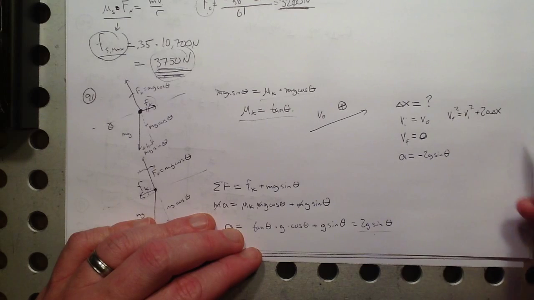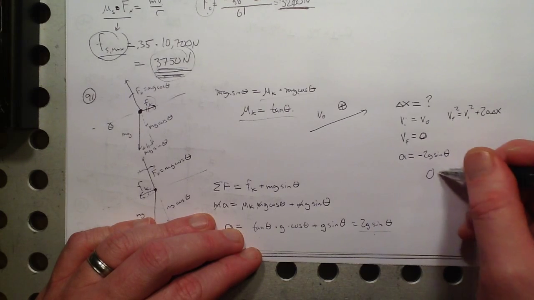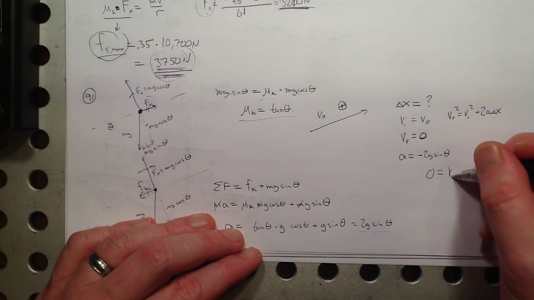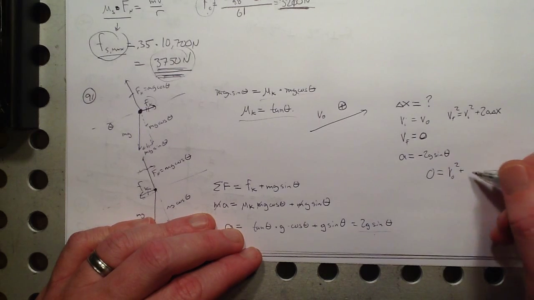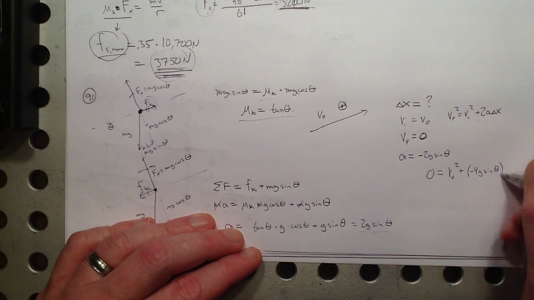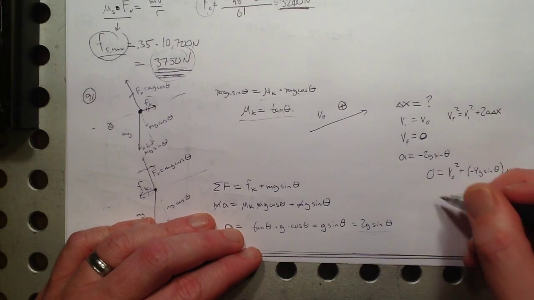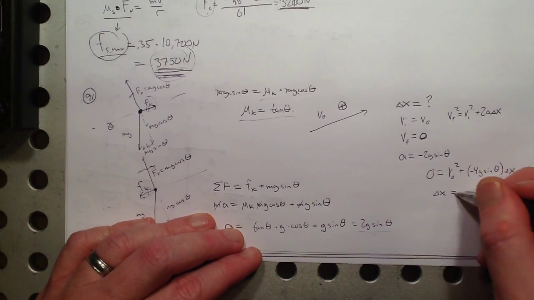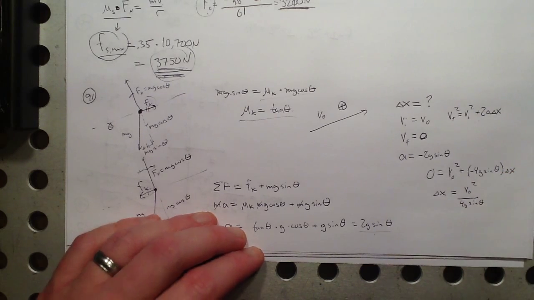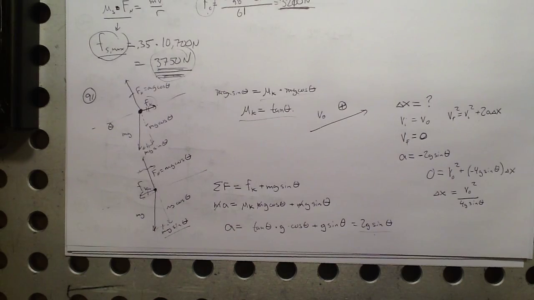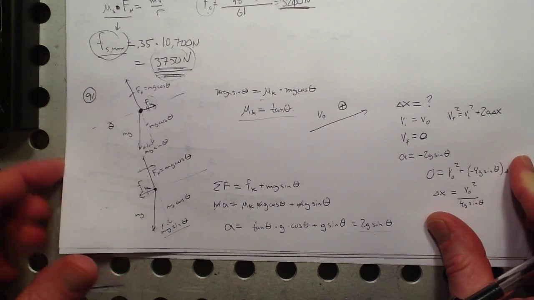This is 0, so I get 0 is equal to v sub 0 squared plus 2a, which I could write as minus 4g sine theta, times delta x. So delta x looks like it would be v sub 0 squared over 4g sine theta. I don't know what you think, but I think that's just a beautiful result. Oops, sorry, it'd be nice if you could see it, huh?